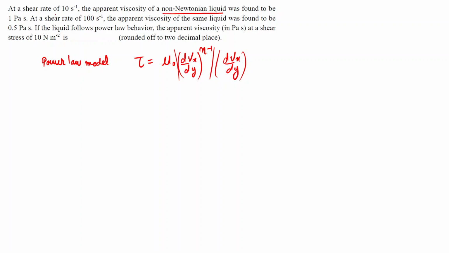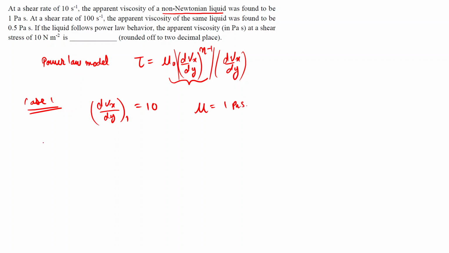Okay, now over here we have been given two different scenarios. Let's write for case 1, the shear rate, that is dvx upon dvy, has been given as 10, and the apparent viscosity is 1 Pascal second, that is mu is equal to 1 Pascal second.